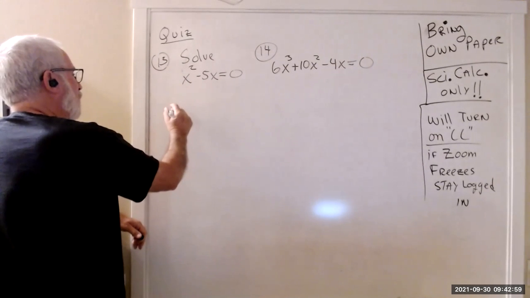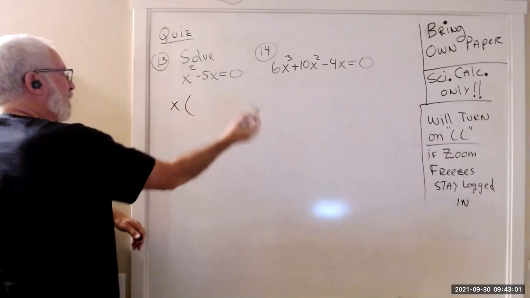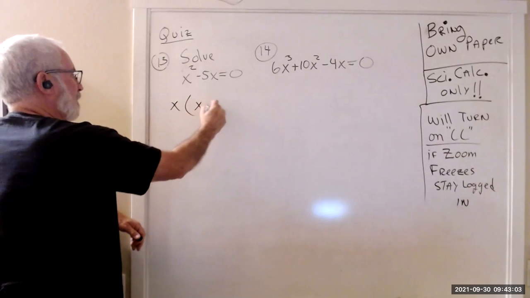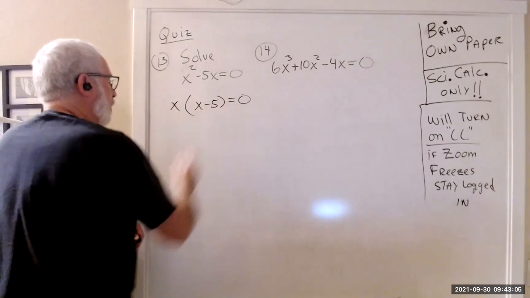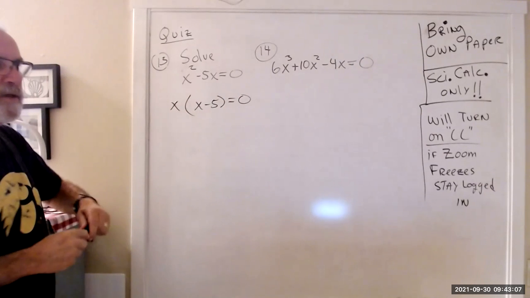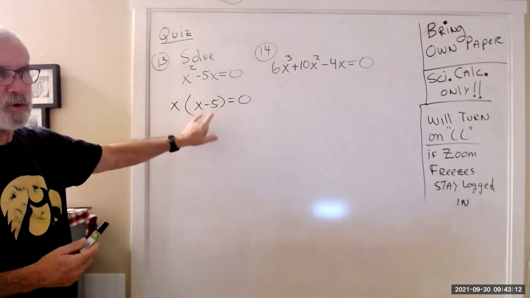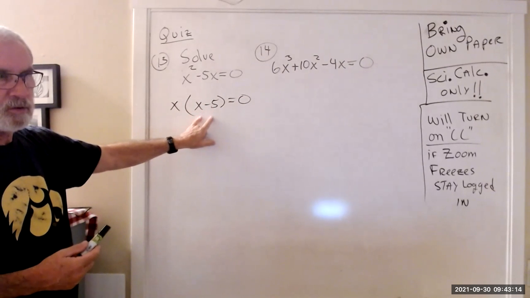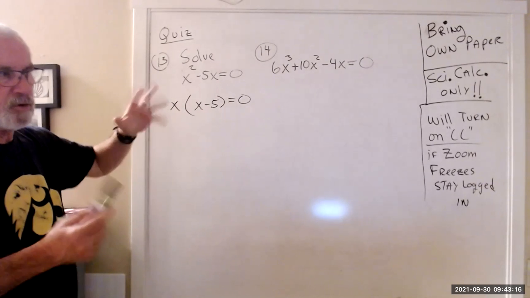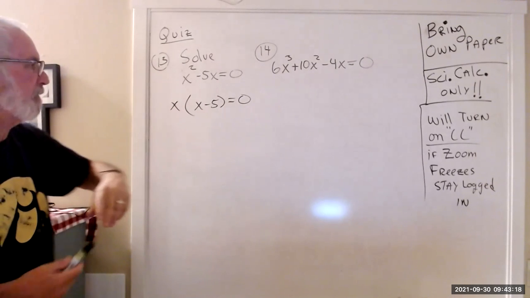Well, yeah, they do. I can factor out an X, that leaves X minus 5 equals 0. Do they have anything else? Could this be a difference of squares, or a trinomial, or a grouping? No. Okay, no to all of those, and I'll go over that if you have a question.